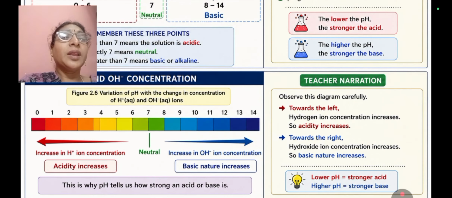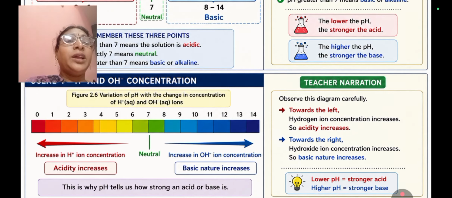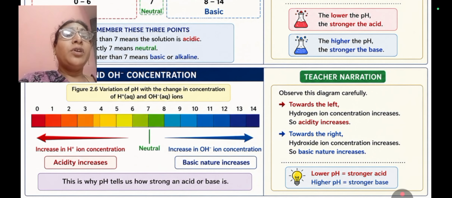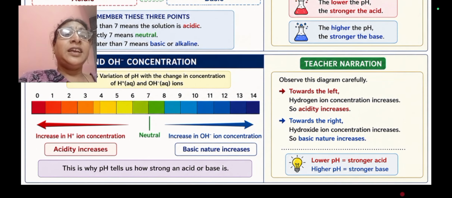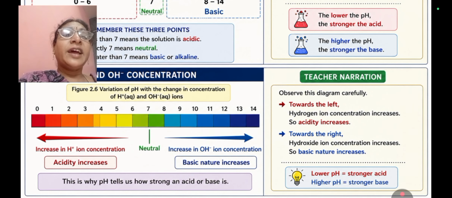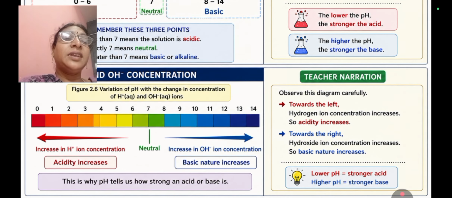Observe this diagram carefully. Towards the left, hydrogen ion concentration increases, so acidity increases. Towards the right, hydroxide ion concentration increases, so basic nature increases.